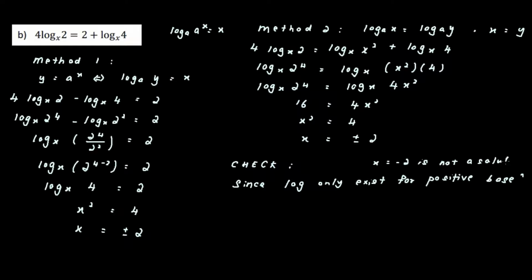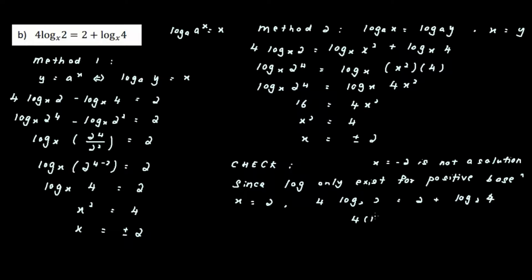Okay, now you can continue to check the other one, x equals 2. It's good that maybe you can straight away substitute it and check. So 4 log_2 2 equals 2 plus log_2 2, and see whether it's correct or not. Okay, so you can see log_2 2 gives you 1, right?